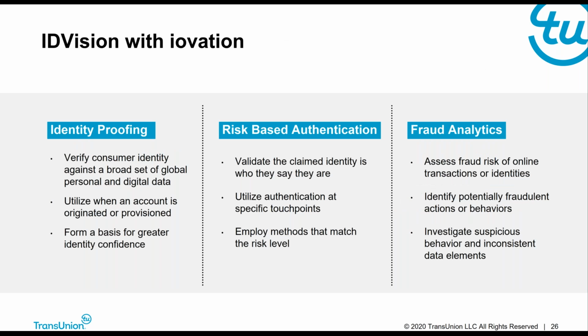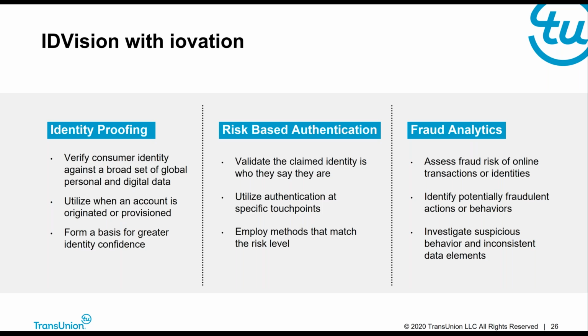And I touched on some of this throughout, but really we see that as three main pillars here. So identity proofing, risk-based authentication, and fraud analytics. So really, as you're looking across the player journey at your different points of risk, you really are going to have to consider, what identity proofing measures do I need to put in place for onboarding new players?